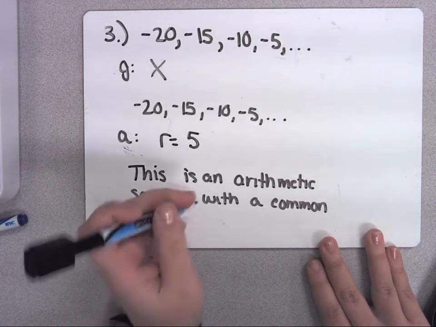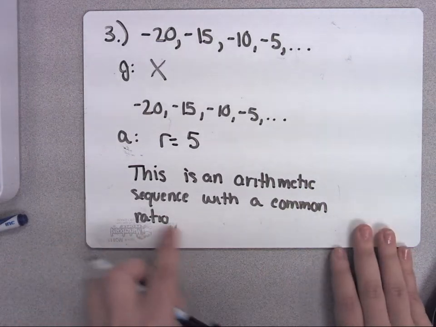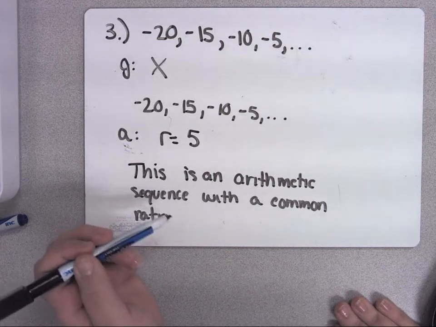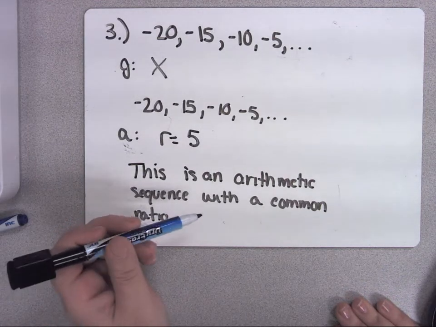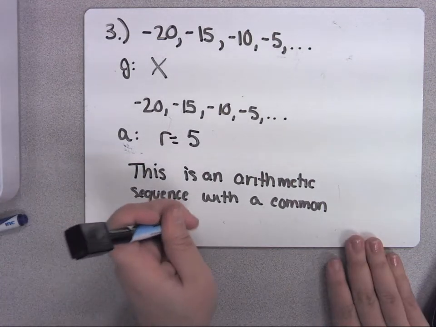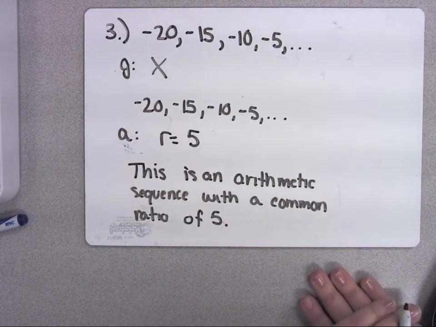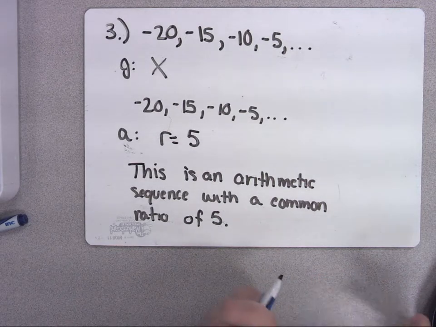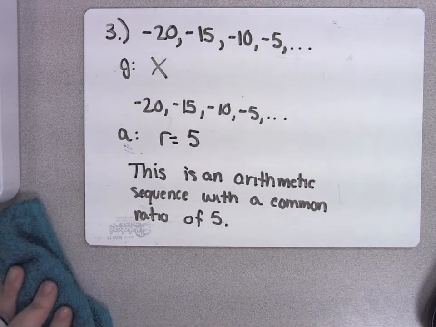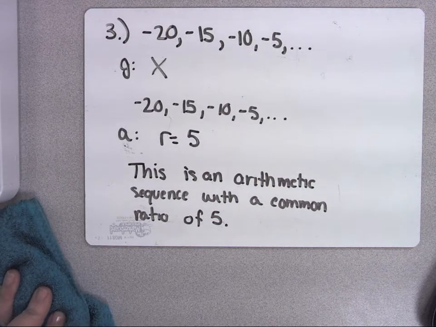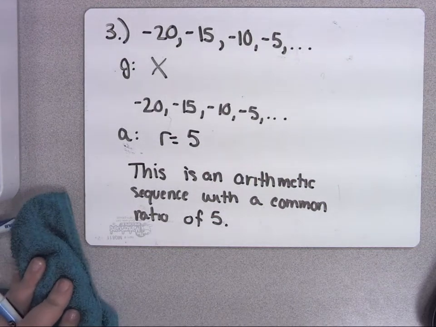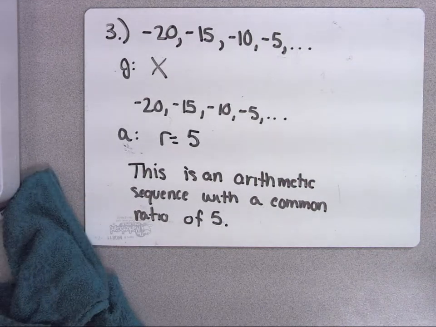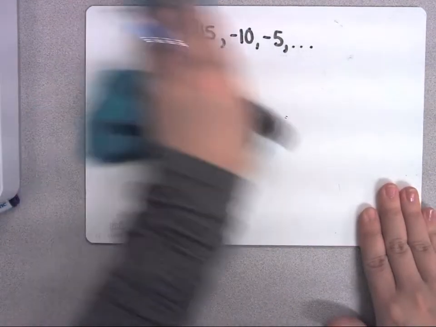I would say this is an arithmetic sequence, and you say that the ratio is the same, or you can say with a common ratio of, and say what it is. That could also work. You could say what you found. So this is an arithmetic sequence with a common ratio of 5, or this is an arithmetic sequence. It has the same common ratio all the way through. Whichever works. Does this make sense? This part good? Okay.